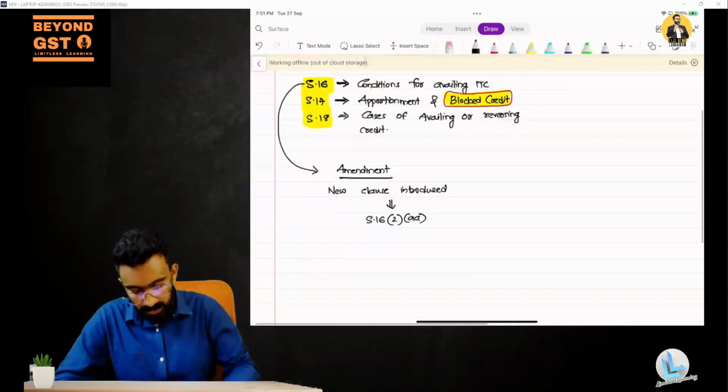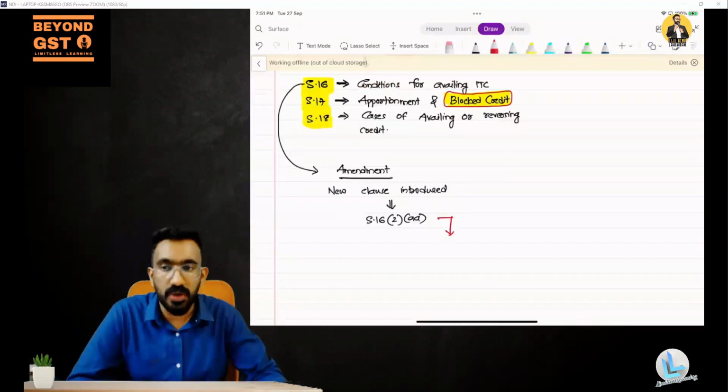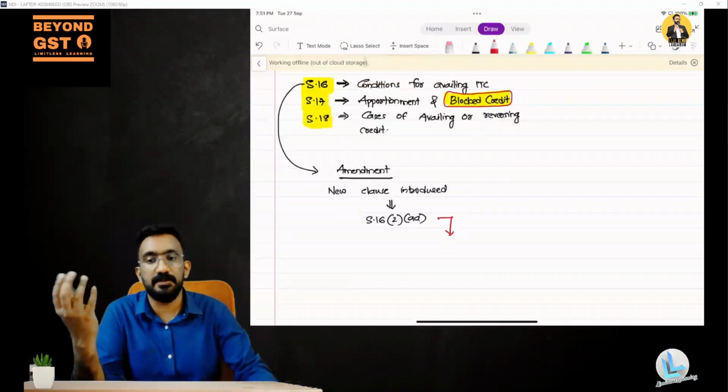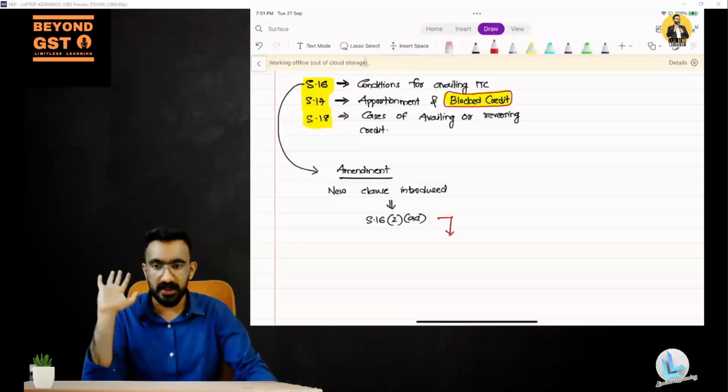I'm pretty sure all of you have gone through GST at some point or other. This is nothing but an extension of a provision that was already there, nothing very new.